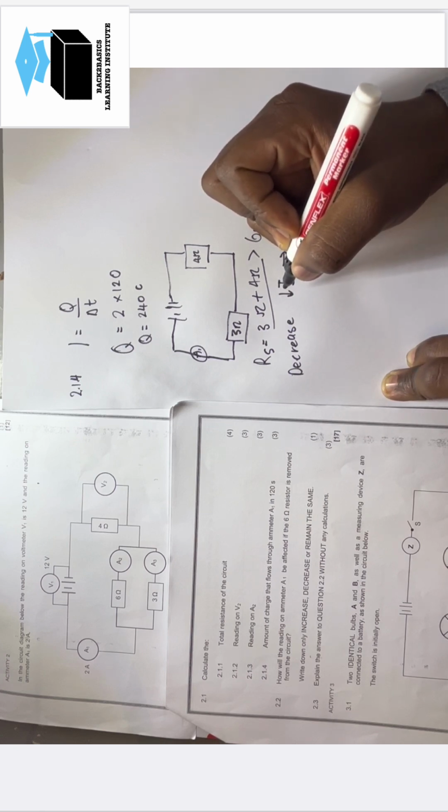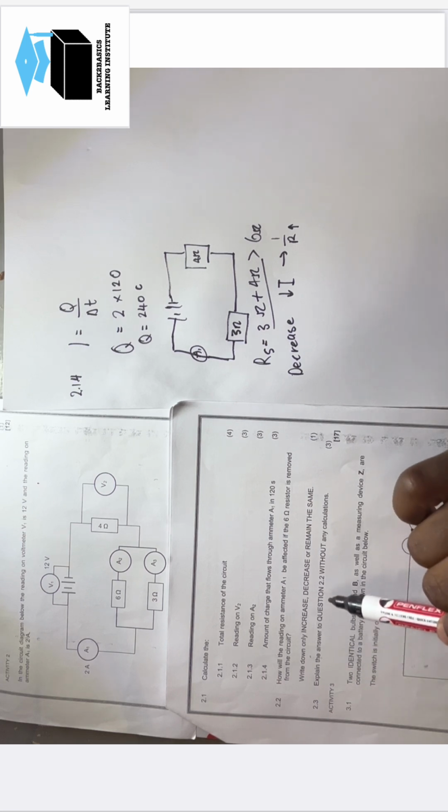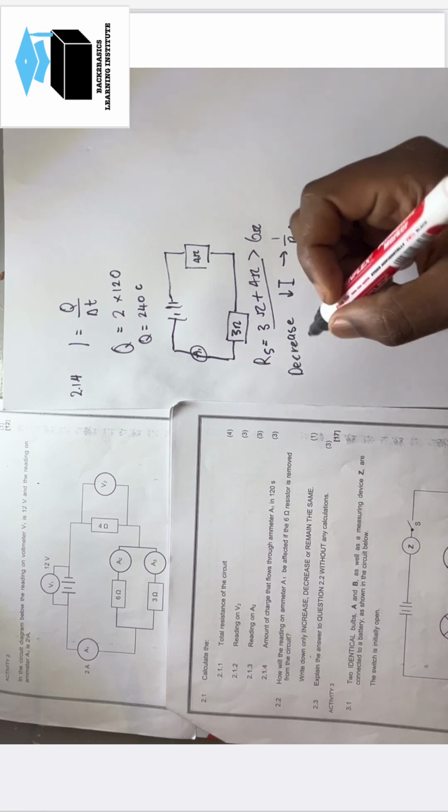So that's the understanding of why your resistance increases, and thus your current decreases. Now they say explain your answer without any calculation. Explain your answer in question 2.2 without any calculations.